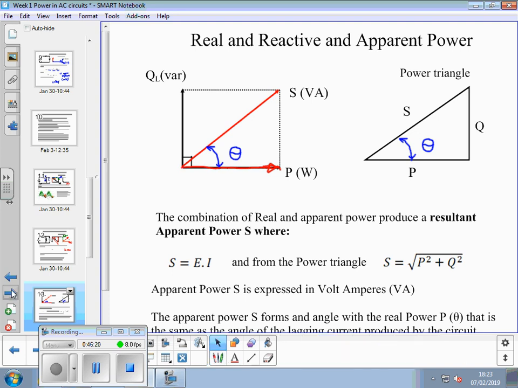We've got QL, horizontal upwards, in var, and we complete the parallelogram, and up the middle we get another value called S. S is apparent power, and it's measured in VA, volt amps.